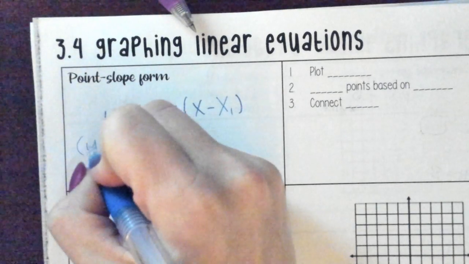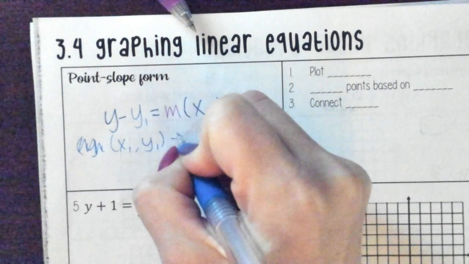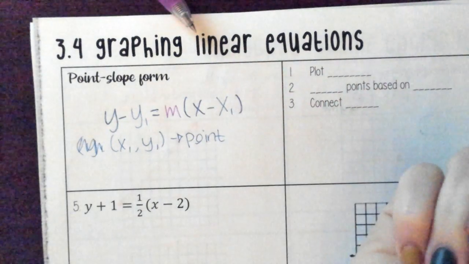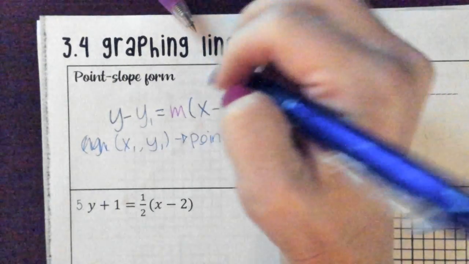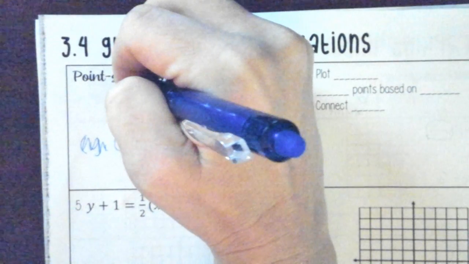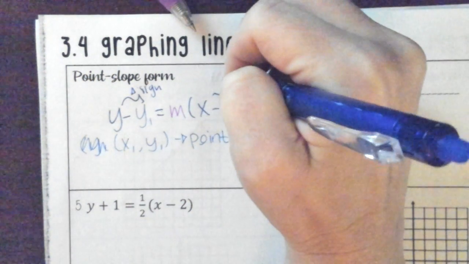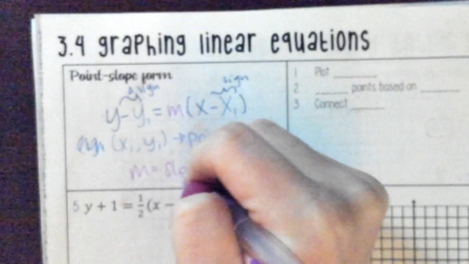Here, x1 comma y1 is a point. The only tricky thing we have to remember to do is, from here and here, we have to change our sign. I'll show you what that means in a second. Change our sign to get the actual point. And then m, remember, that's just our slope.